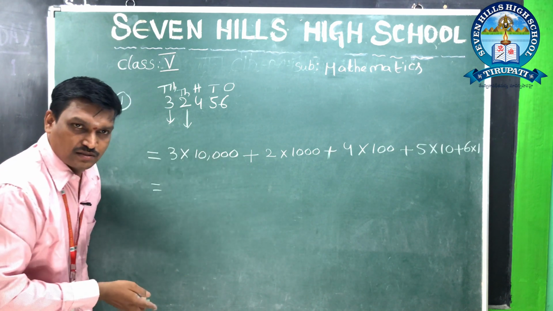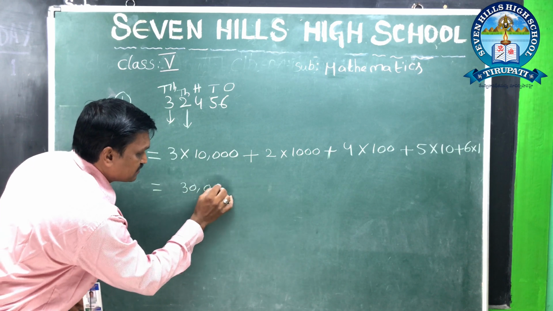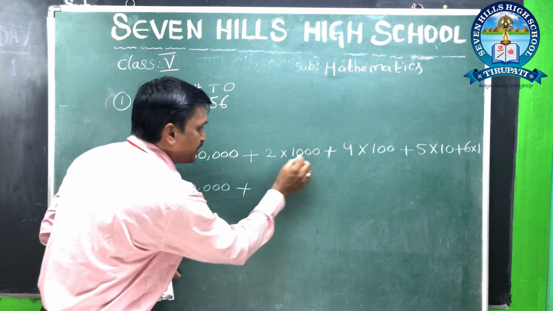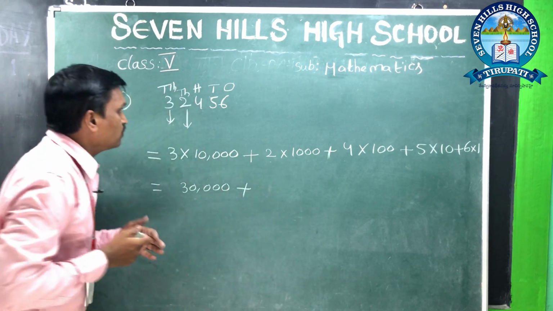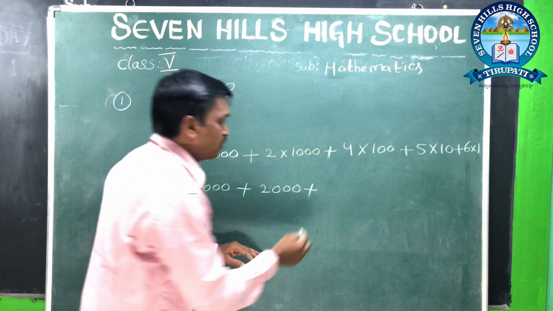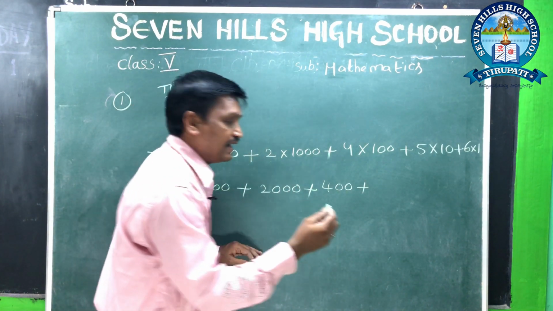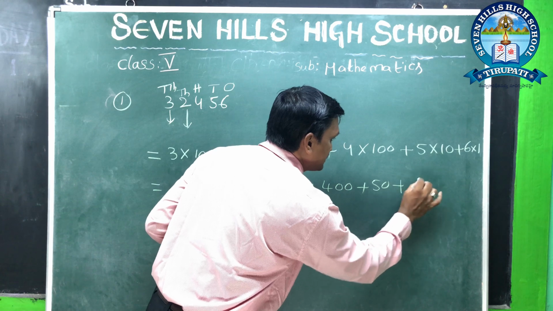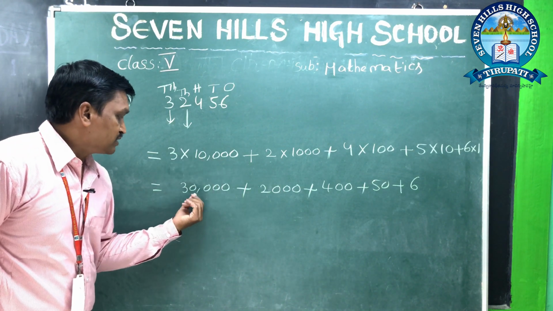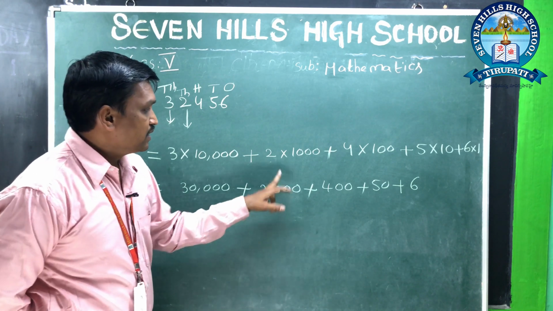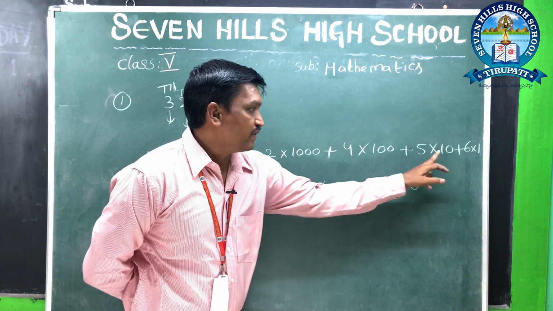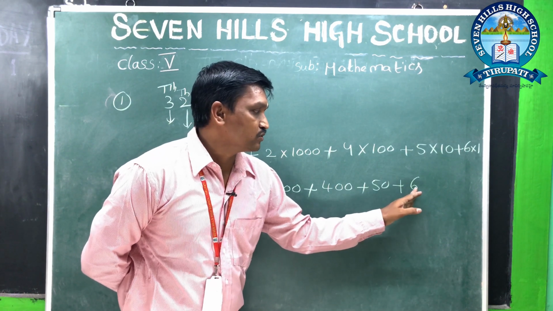Now the next step is we multiply these. 3 into 10,000, how much? 30,000. 3 into 10,000 means 30,000, plus 2 into 1000 means 2000, plus 4 into 100, 400, plus 5 into 10, 50, plus 6 into 1 means 6.